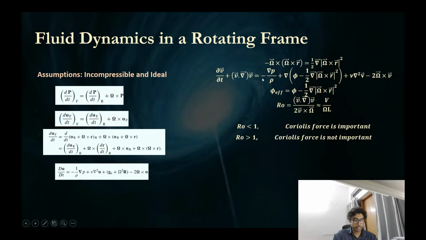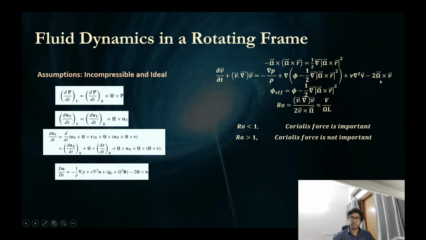And we neglect the pressure force and the gravitational force. Then we are only left with this term, which is the advective term, and this term, which is the Coriolis term. And the ratio of these two terms is basically called the Rossby number.